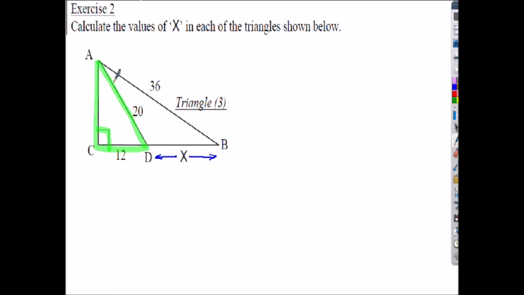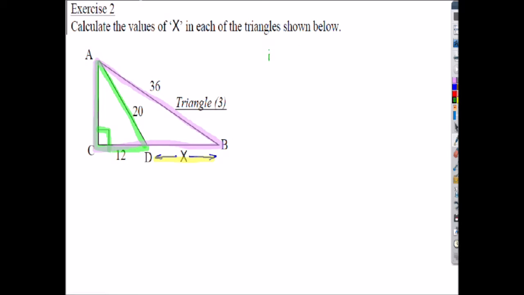In other words, I'm going to find this side here, between A and C. And once I've found side length AC, I can then use triangle ABC to find side length CB, because I know side length AB. And then finally I can subtract 12 from side length CB to give me the length of x between D and B. So that's my thinking approach through the problem.